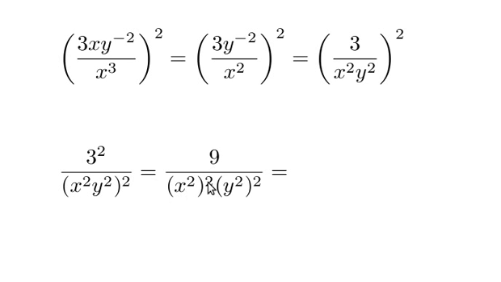So 2 times 2 will be 4, so we have x to the power of 4, and we still have that y to the power of 4. So we have 9 over x to the power of 4 times y to the power of 4, and this is as far as it can be simplified. So this is going to be our final answer for this example.